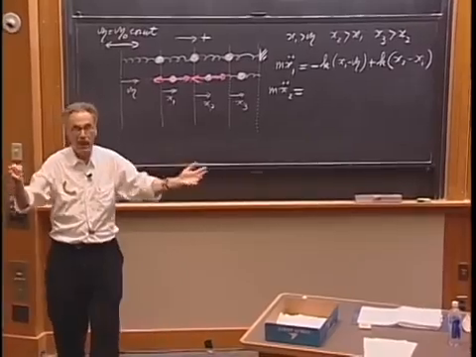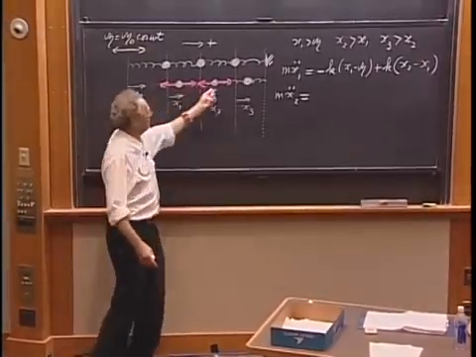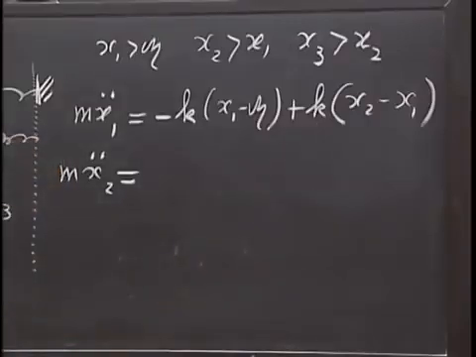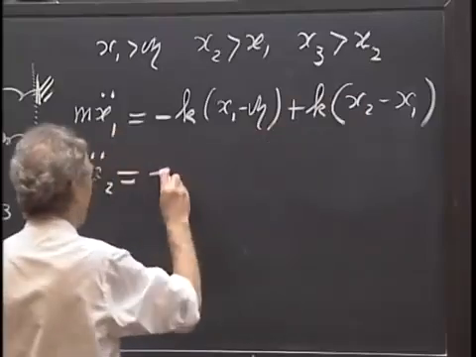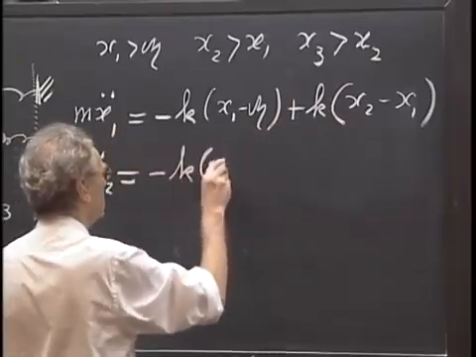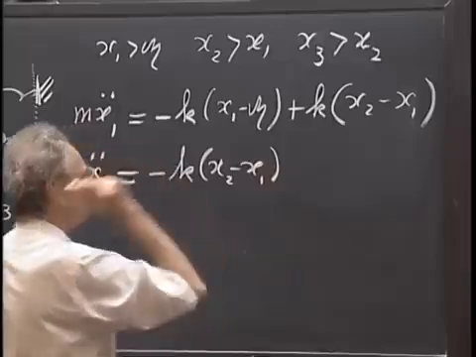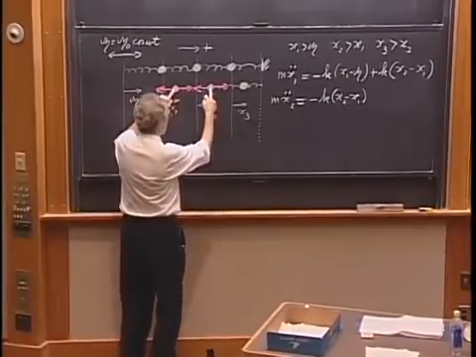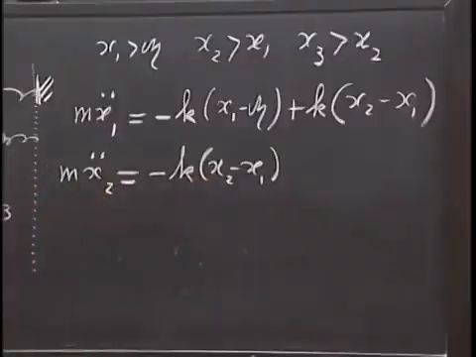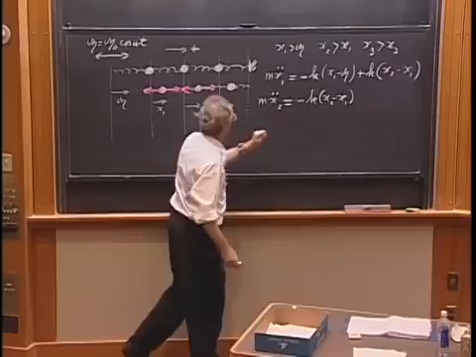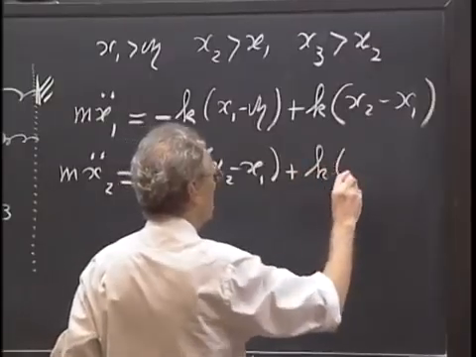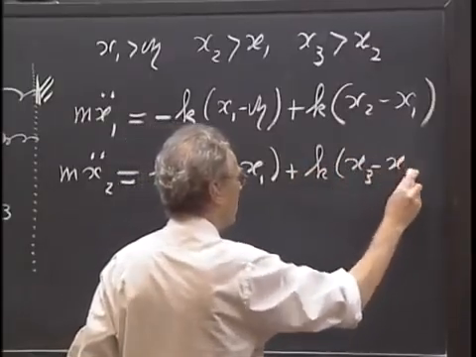Right? Action equals minus reaction. So it is going to be this term, which now has a minus sign. You always see that in coupled oscillators. What was a plus here comes out here as a minus sign. You see that? Comes out nicely. Because this spring is longer than it wants to be by an amount x2 minus x1, and the force is in the minus direction. And this one is now going to be plus k times x3 minus x2.